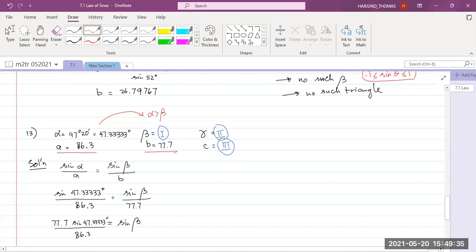So we do expect angle beta to be less than 47 degrees something. Does it make sense? So there are actually two reasons why we reject beta 2.